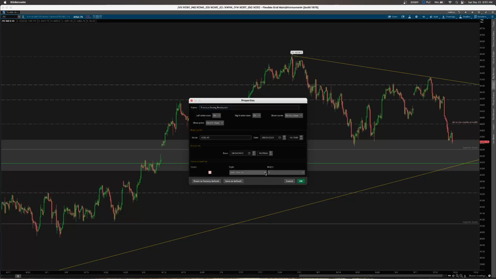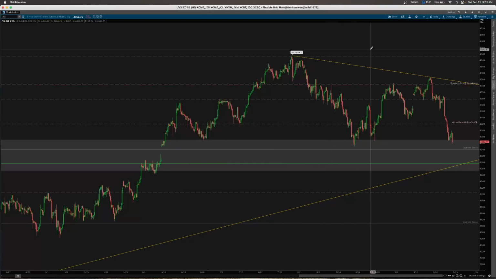again, I'll use that same color just to keep it flat with the time frame. Let's show the name on the right. It hasn't really acted as support, but actually what I'm looking at now is on the 4-hour.